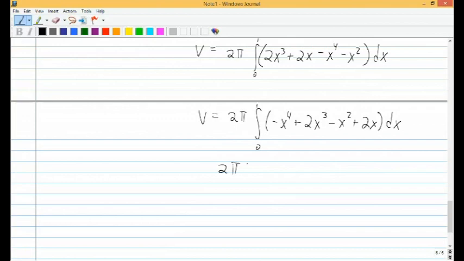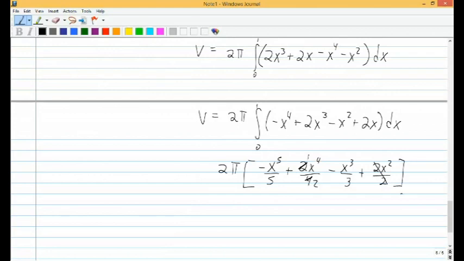So 2 pi times, that's negative x to the 5th over 5 plus 2x to the 4th over 4 minus x to the 3rd over 3 plus 2x squared over 2. So you can see that cancels out there and gives me 1/2.